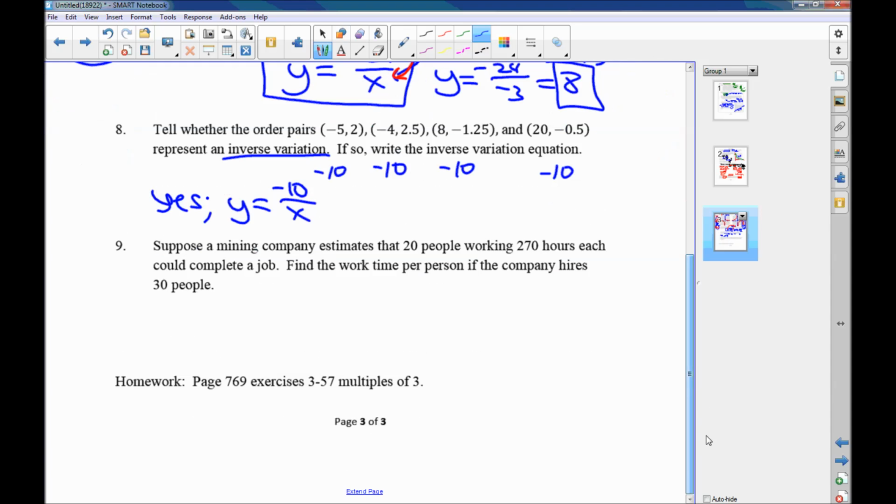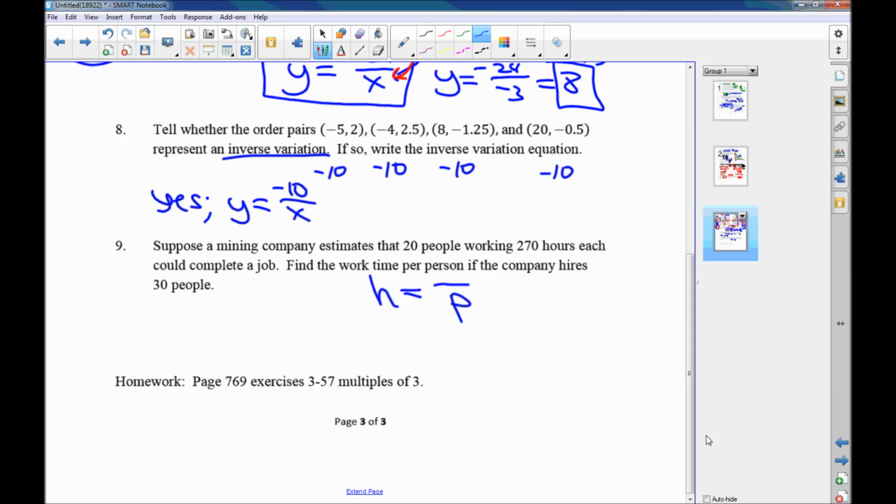And in our last question, suppose a mining company estimates that 20 people working 270 hours each could complete a job. Find the work time per person if the company hires 30 people. So we want to know how much work time there is, so how many hours based on the number of people. And we need to know that constant of variation.